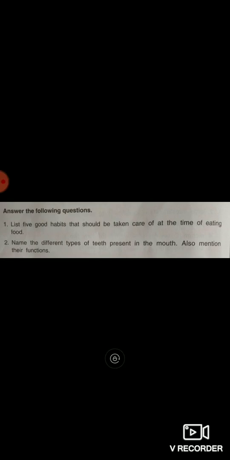Number 1, list 5 good habits that should be taken care of at the time of eating food. Number 2, name the different types of teeth present in the mouth, also mention their function. Okay, written? Okay, good.